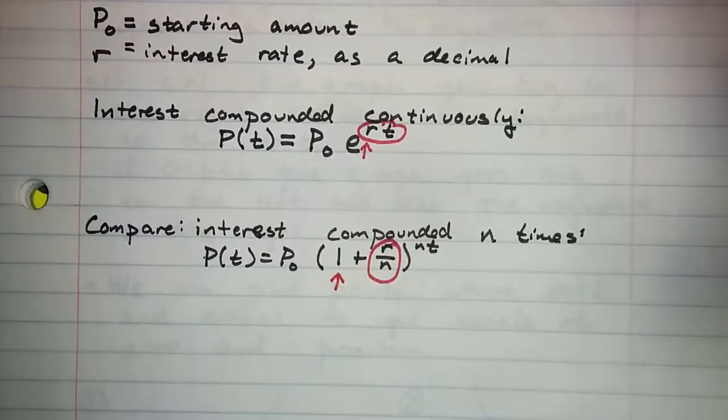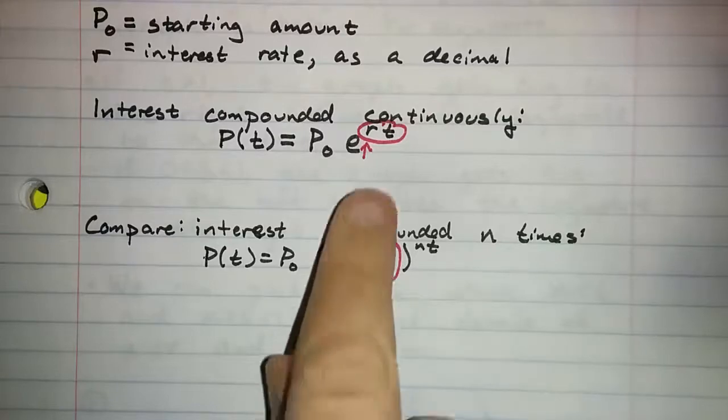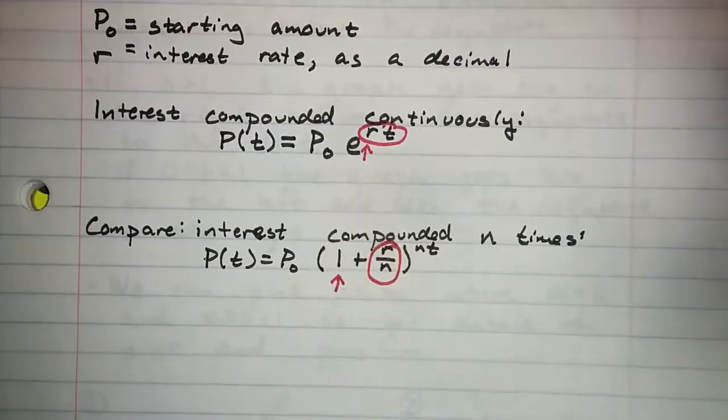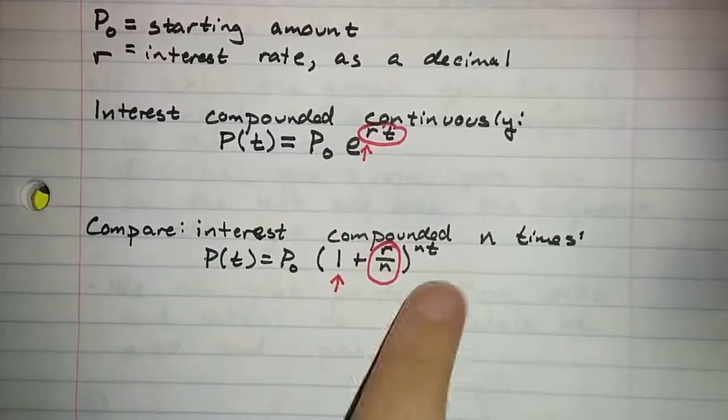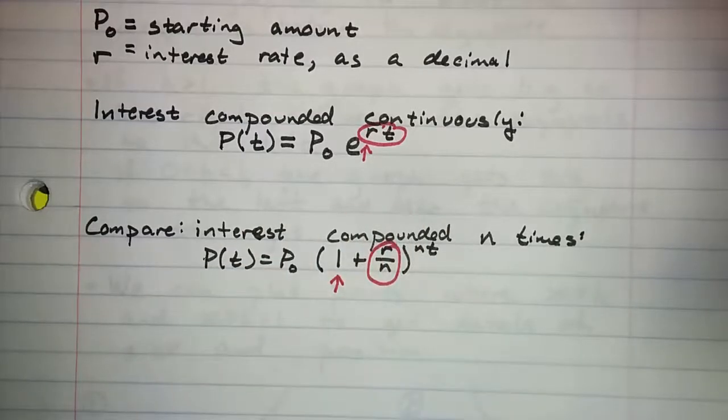These formulas really look unrelated, and in order to get to their relationship, we need calculus, which we haven't got yet. But these two totally different looking formulas, it turns out, give very closely related information. For most numbers, if I plugged into this formula with n equals 365, or plugged into this formula, I would get the same result when I round to the nearest penny.